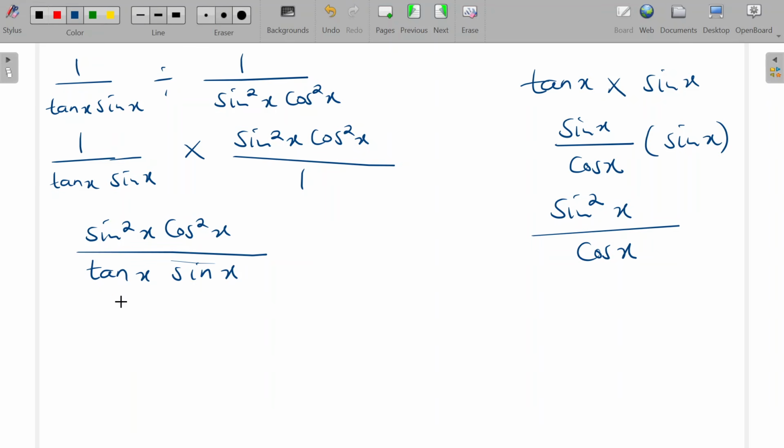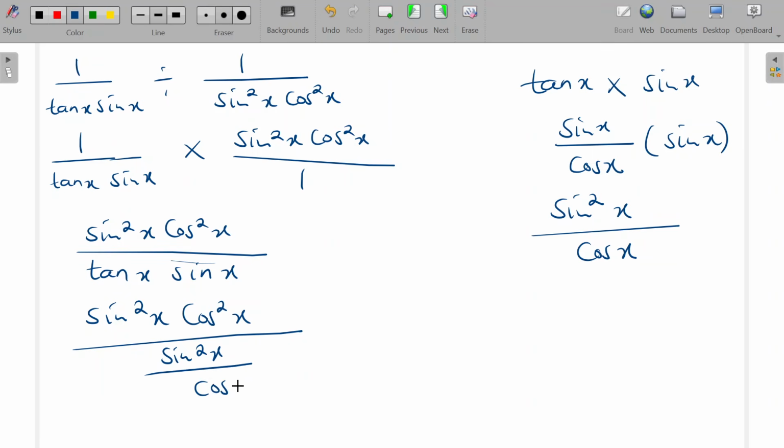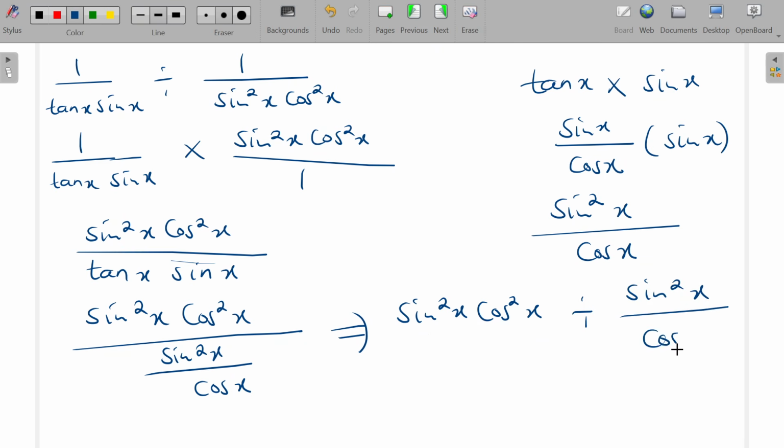So it's the same as I have sine squared x cos squared x over sine squared x over cos x, which is just the same as saying that this is sine squared x cos squared x over, so I say divide with, this one is sine squared x over cos x.